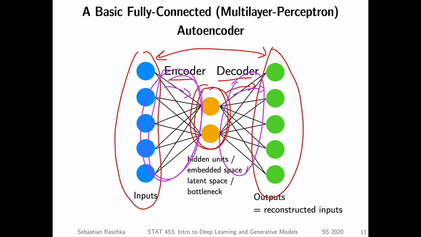So you can also use PCA to reconstruct the data from the compressed representation. However, it's not exactly equivalent, because here we don't have an orthogonality constraint. We don't have the constraint that these are 90 degrees. These two dimensions are not orthogonal to each other.